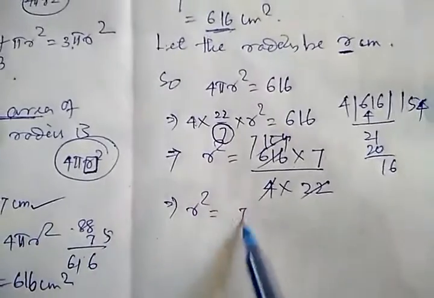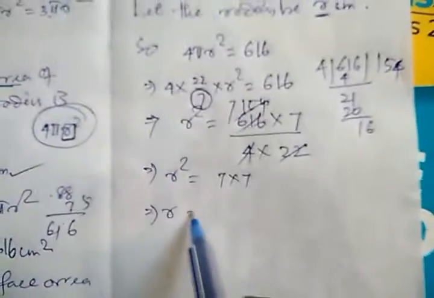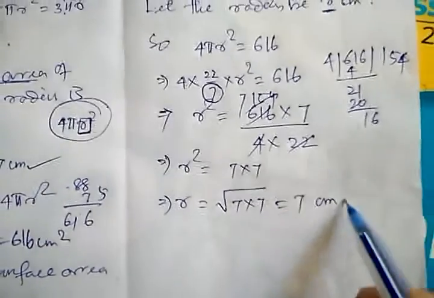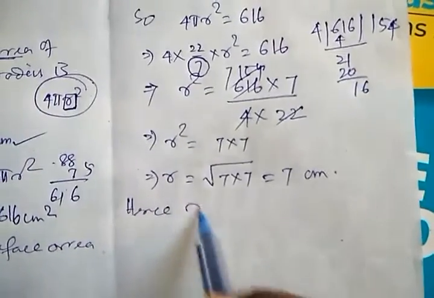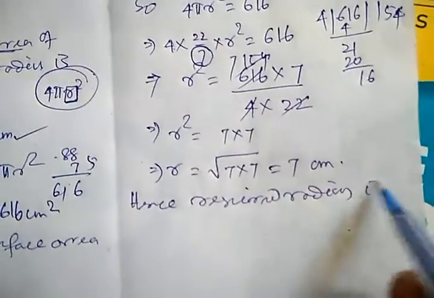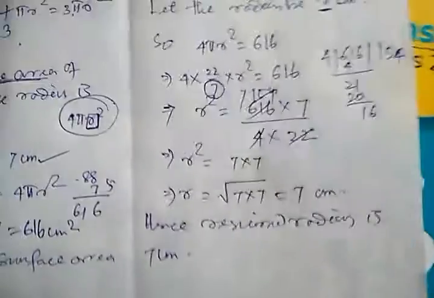So r square equals 7 into 7. This implies r equals the square root of 7 into 7. It is already a perfect square, so that is 7 cm. Hence the required radius is 7 centimeter. Clear now?